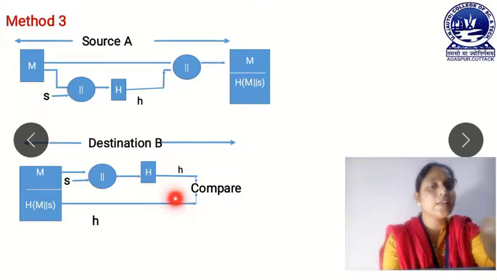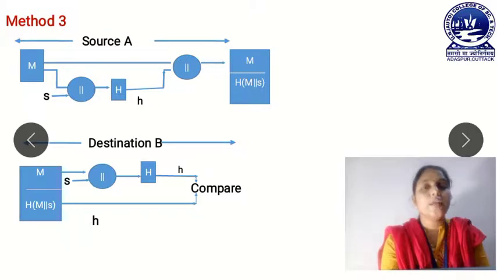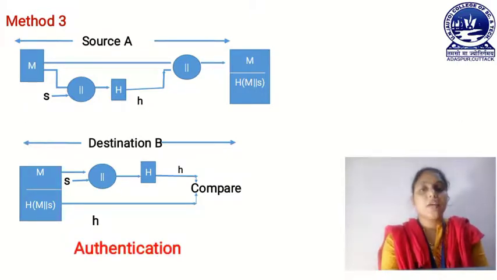This appended hash value was generated from our original message, so destination B is sure that there is some modification in the original message, which means the authentication is satisfied. This method does not satisfy confidentiality because no encryption is used.